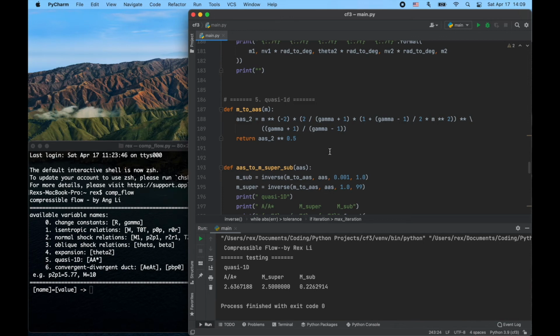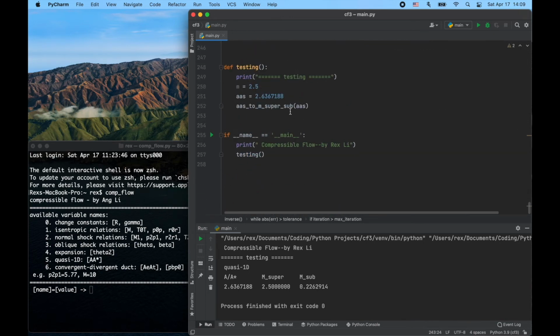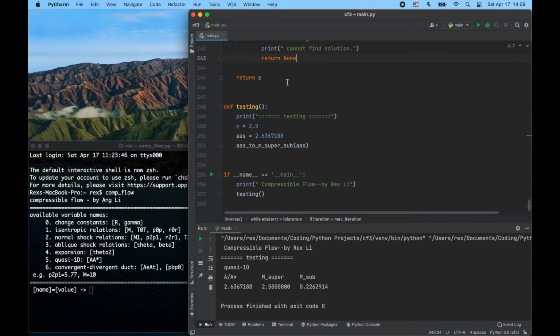However, every time we are trying to find something, we are going to change the code and then edit the part of the function that is running. It can be testing, or we can just run it here to find maybe the A star value or the normal shock relation.